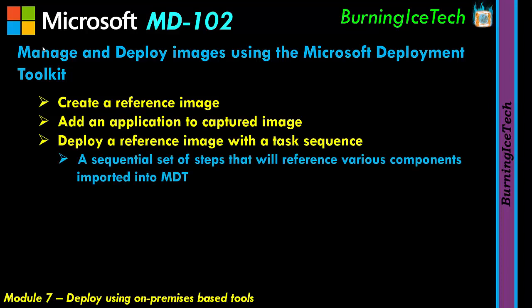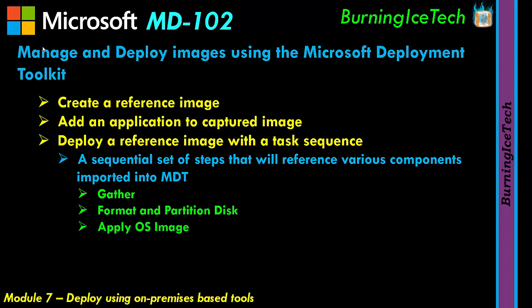So this is a sequential set of steps that will reference various components imported into your Microsoft Deployment Toolkit. These components are things like gather, which collects information locally and stores it as variables for use during the task sequence. It's things like format and partition disk. So this formats and creates an appropriate disk layout for the target endpoint. You've got things like apply operating system image.